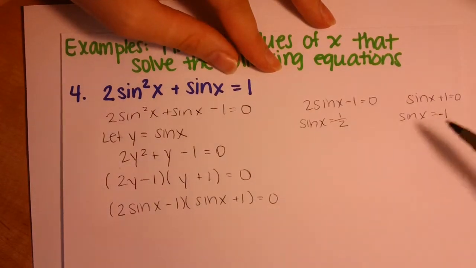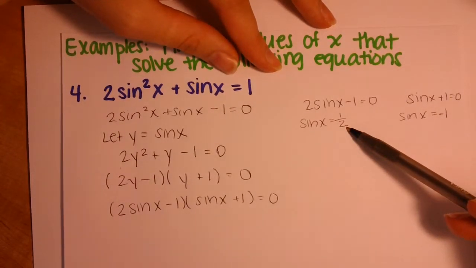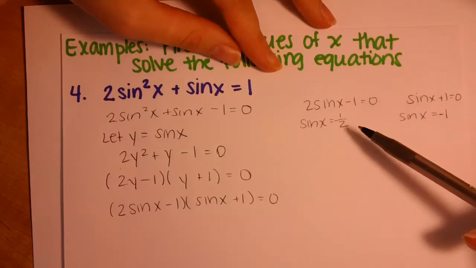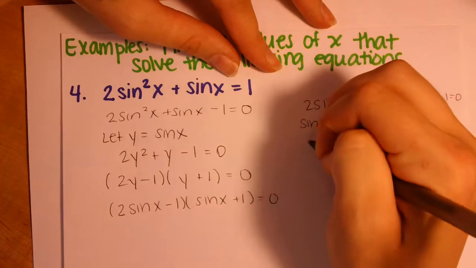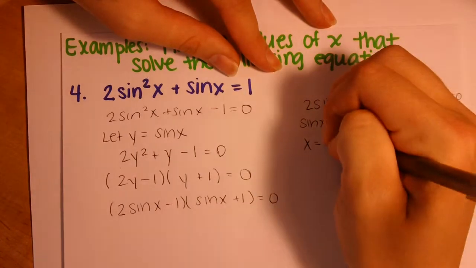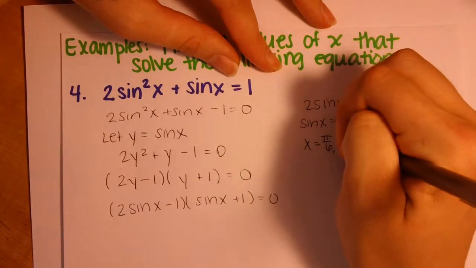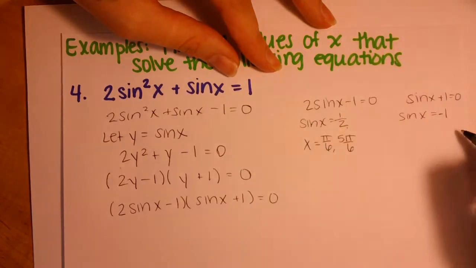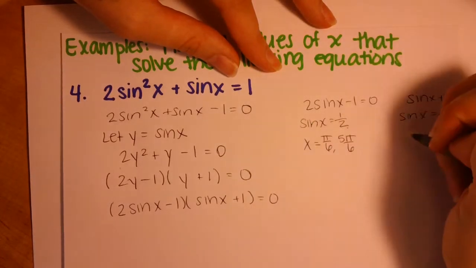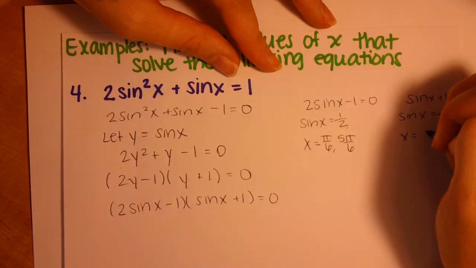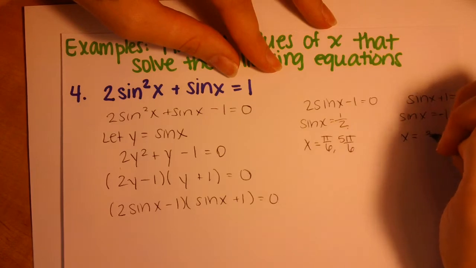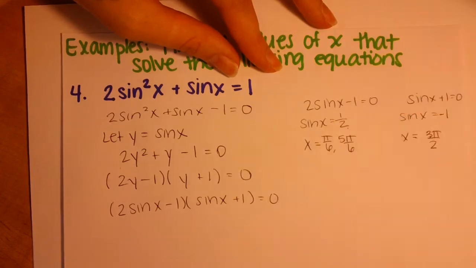Okay, so looking at this from here, we want to find for what angles does sine equal 1/2, and that is going to be our pi over 6 and our 5 pi over 6. And we also want to find when sine of x is -1, and that's going to be at our value of 3 pi over 2, sorry, 3 pi over 2.